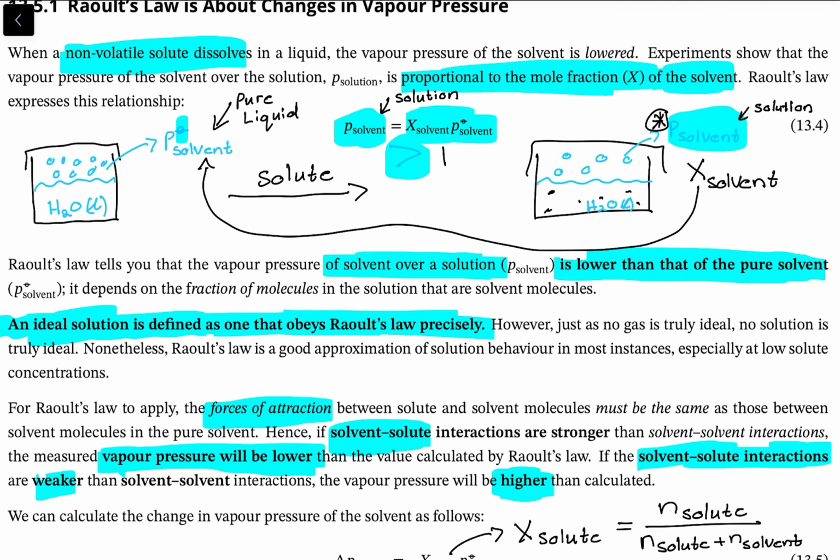Here it says mole fraction of the solvent. So what is the mole fraction of the solvent? It must be equal to the number of moles of the solvent divided by N solvent plus N solute. Okay.